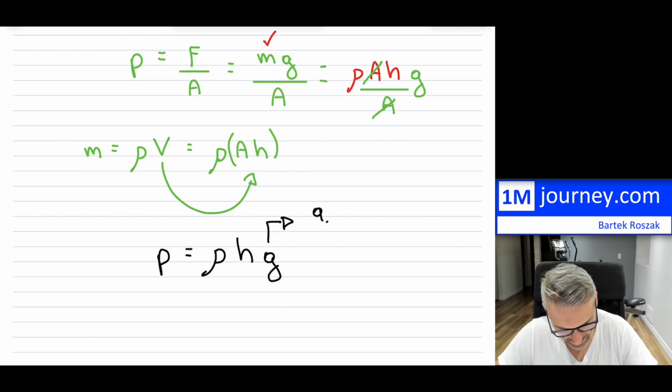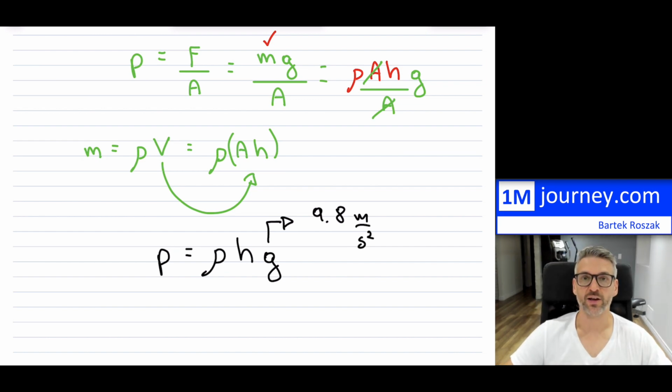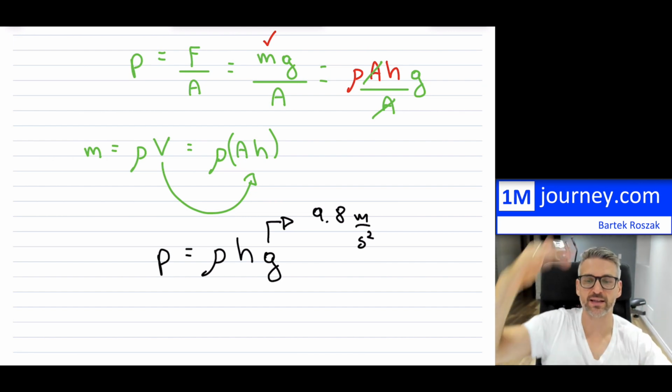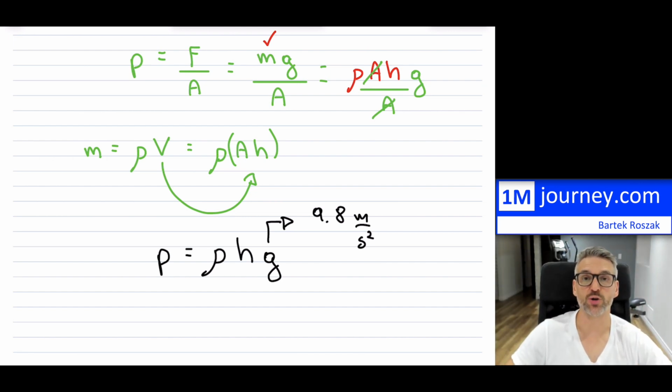This is just gravity, which is 9.8 meters per second squared. So this is amazing, because what it tells us is that for any fluid that you want, it can be air, it can be water, it can be even blood or any liquid, you can find out the pressure due to the weight that is sitting up above it by simply knowing the density and then knowing what depth you're interested in.